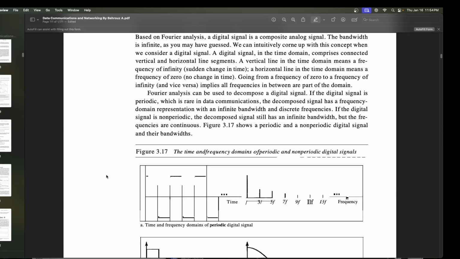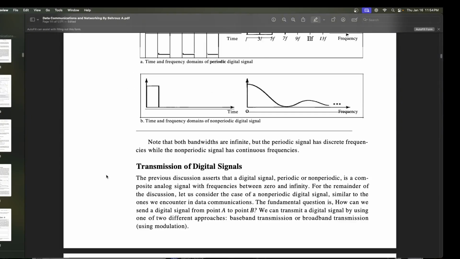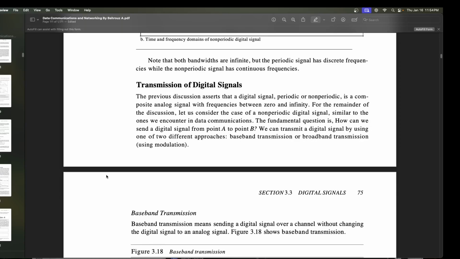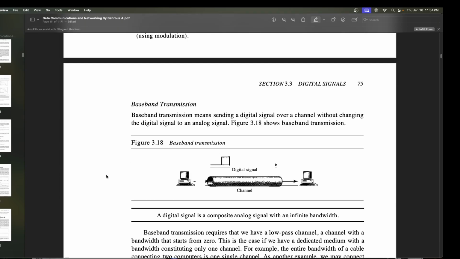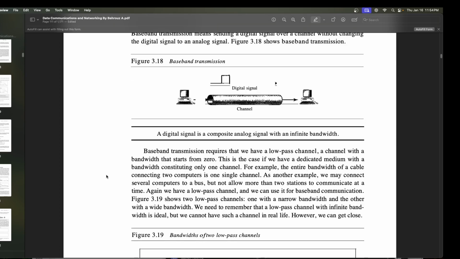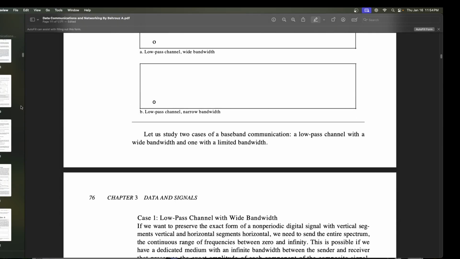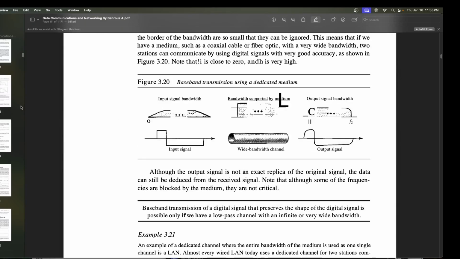Now digital signals as composite signals. Transmission of digital signals. Baseband is transmitting a digital signal over a channel without changing it. There is something called baseband transmission in which you directly transmit digital. But generally, do we use baseband?